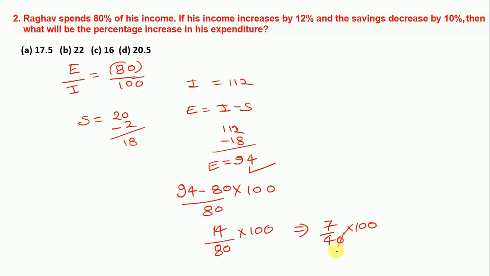So cancel this 0 by this, and your answer will be 17.5%. So option A is correct. This calculation is very simple. You can do it by yourself. Just divide 7 by 4 and your answer will be 1.75, and multiply by 10 and your final answer will be 17.5.